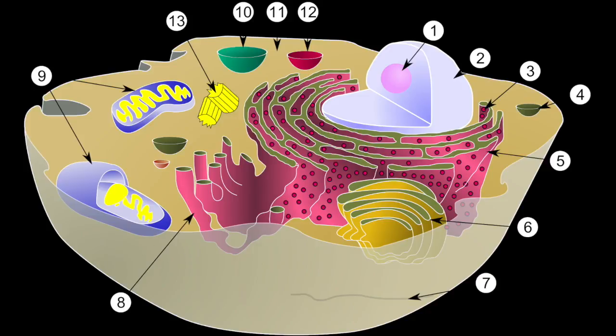In many plant cells, there is a single large central vacuole filled with liquid. The pressure of the central vacuole in these cells makes it possible for plants to support heavy structures such as leaves and flowers. Vacuoles are also found in some unicellular organisms and in some animals.